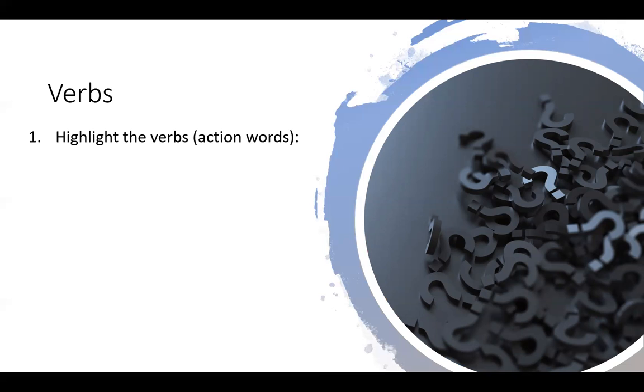It doesn't matter what tense they're in, count each verb, highlight each verb separately, even if they run together, because we really want to think about the verbs that you're using. That also includes be verbs: is, are, was, were, be, been, being.